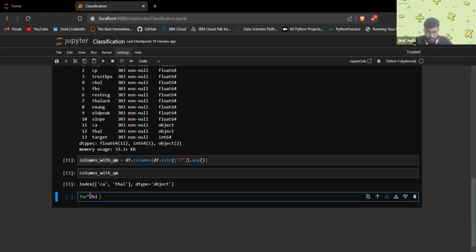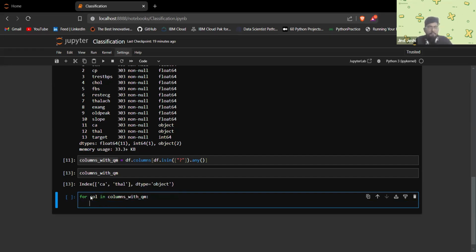Now for each column in columns with question mark, we'll find out the mode. Take df of that particular column and find out the mode of it.